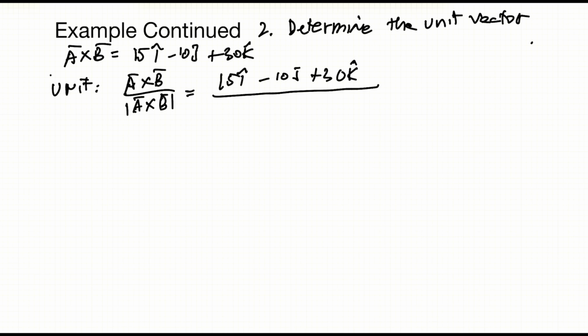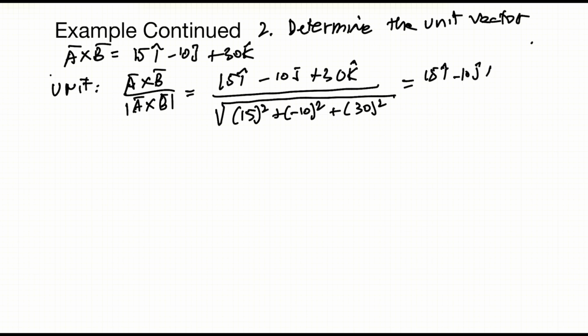And the denominator now, when we have a cross product, we'll take the magnitude of a vector, so that's going to be the square root. We take each individual term, so that's 15 squared, the coefficient, plus minus 10 squared, plus 30 squared. And working out the math on that, I did the math on my calculator. Let's see, so we're going to get 225 is the first term plus 100 plus 900, which is 30 squared.